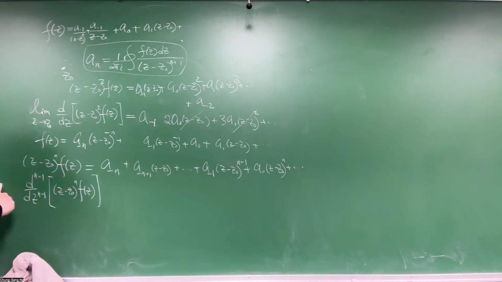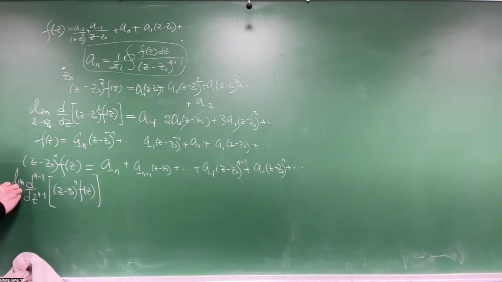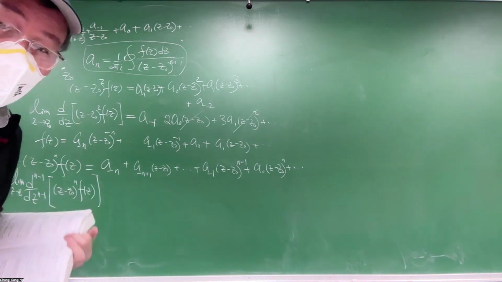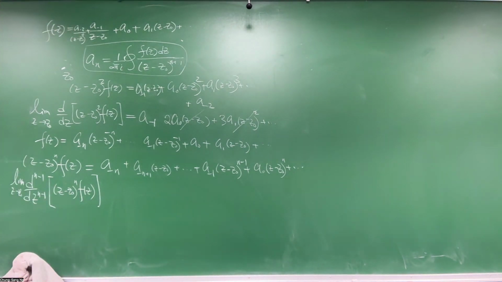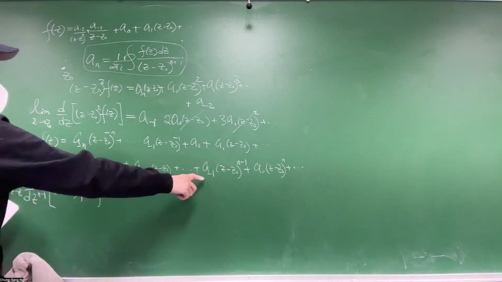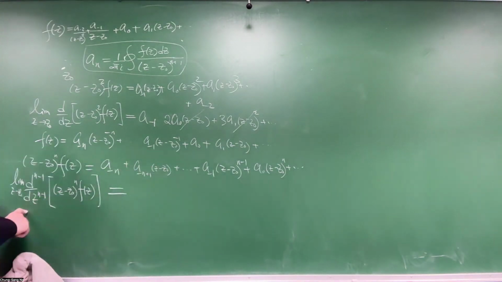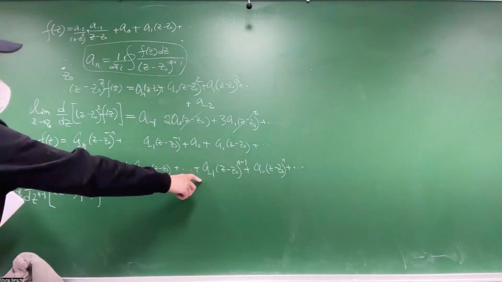And again, always take the limit of c tends to c sub 0. Okay. Now you get rid of all this, right? After you take the n minus 1 derivative, you get rid of that.